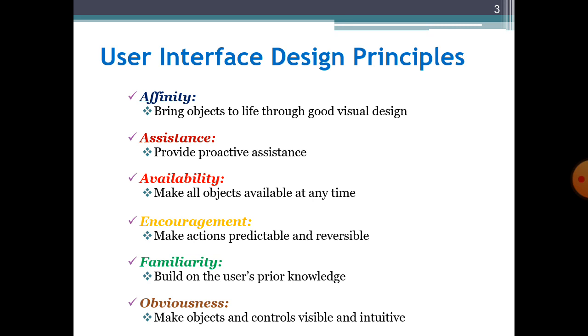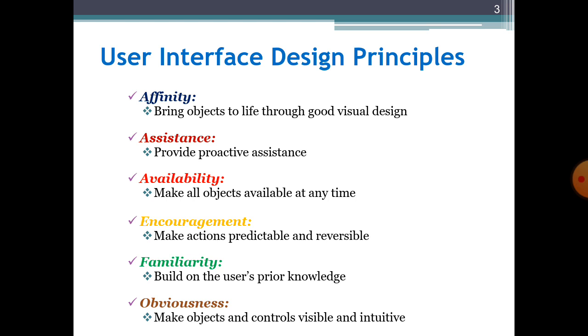Students, visual design in a user interface aims to embody all aspects of user interface principles, and it should also support the user model and communicate its functions without ambiguities. So affinity should not be seen as the icing on the cake, but should be an integral part of the entire design process.